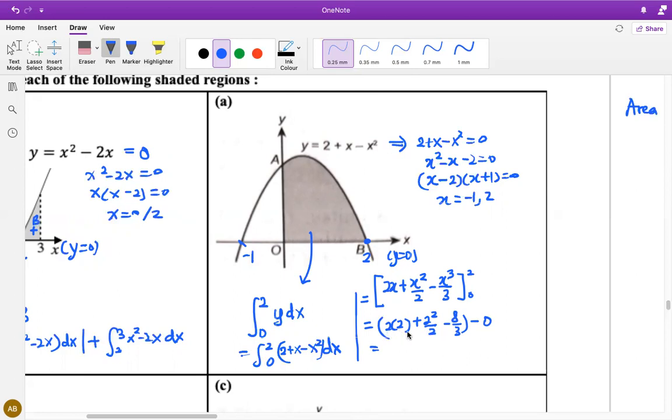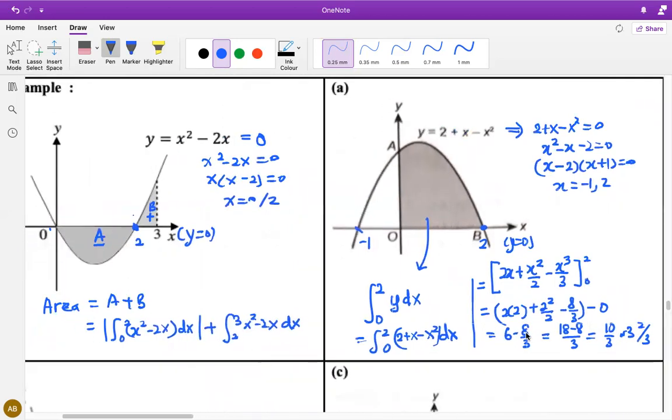So here will be 4 plus 2, 6, then 6 minus 8 over 3. So you get 18 minus 8 over 3, you get 10 over 3, or 3 and 1 over 3. Okay, that is the value.